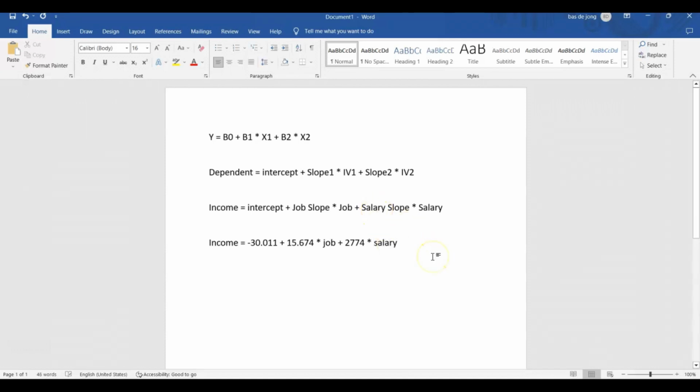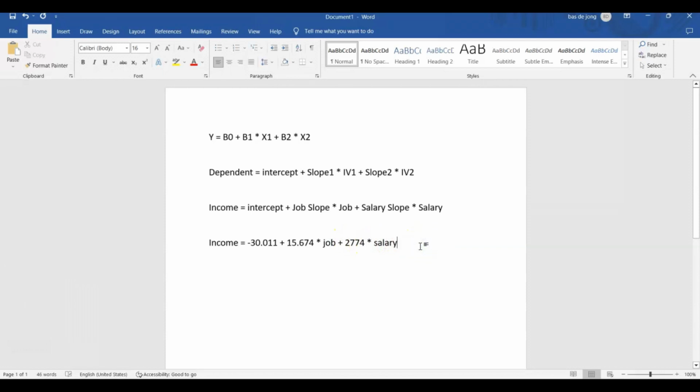And now you've got the formula, which is income is minus 30,211 plus 15,674 times the type of job you have, so the tier of your job, plus 2,774 times your salary.